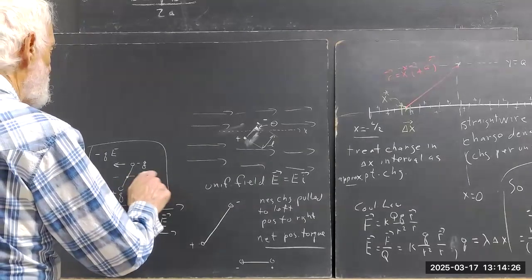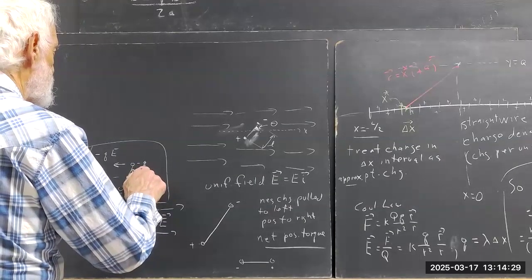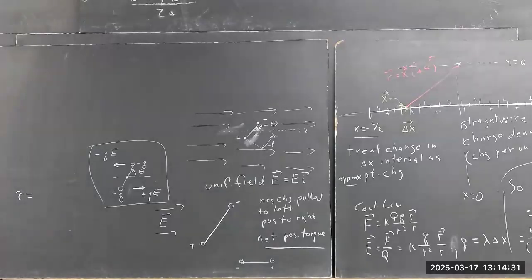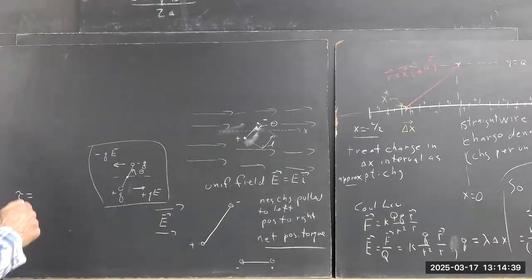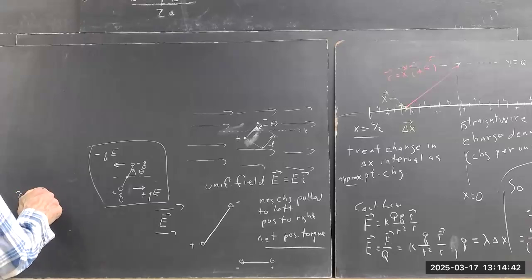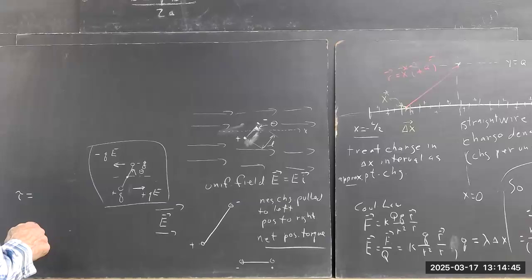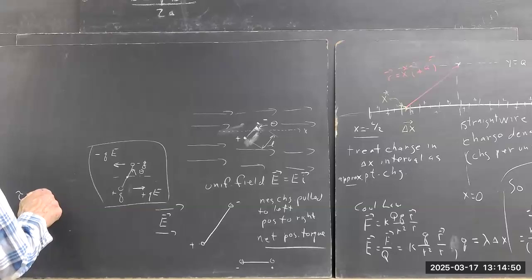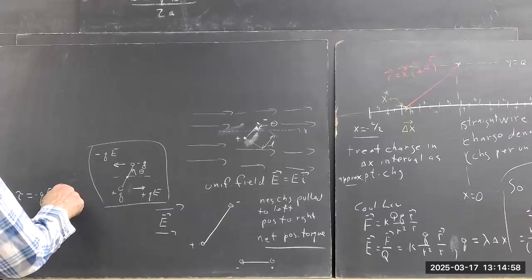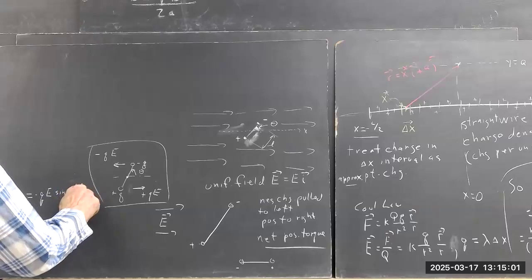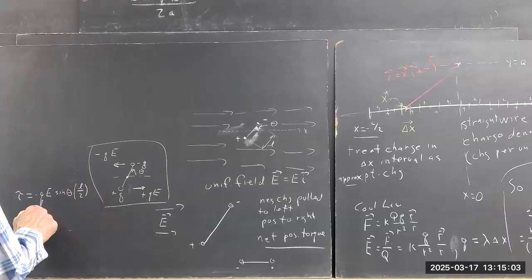If this angle is theta, then in this case, torque would be QE sine theta times L over 2.